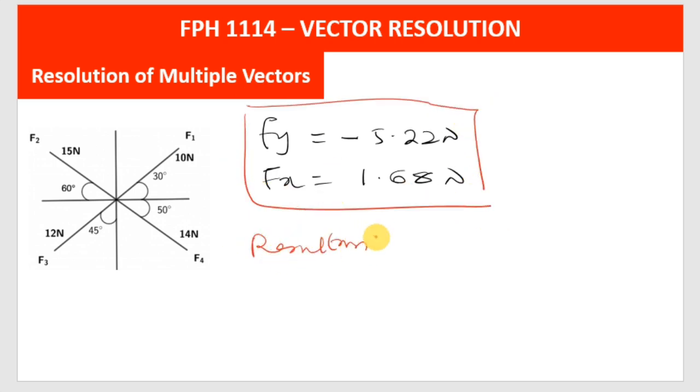Having gotten this, the resultant Fr is equal to the square root of Fy squared plus Fx squared.